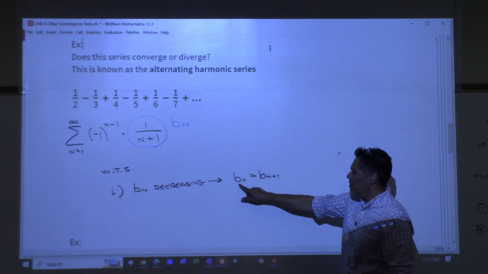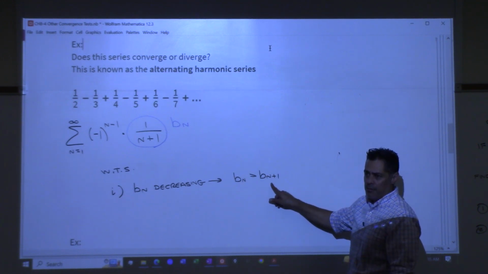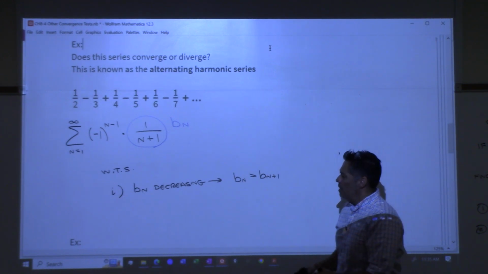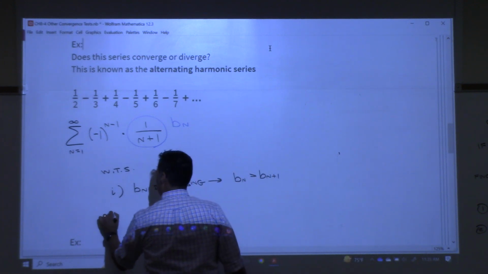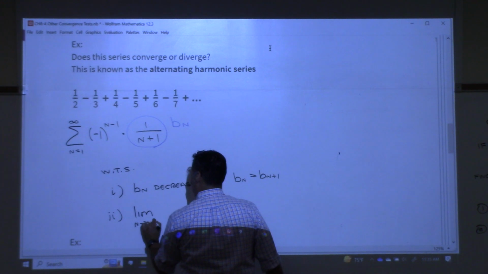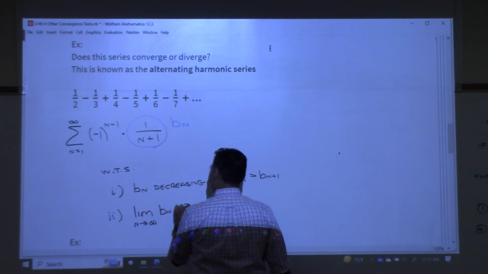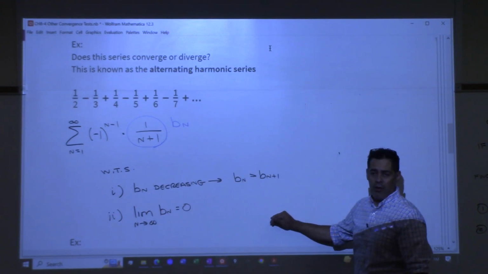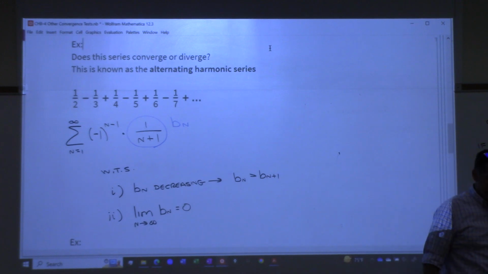So the nth one is greater than the one right next to it. The second thing I want to show is that the limit as n goes to infinity of b sub n equals 0. If these 2 things are true, then that original series converges.